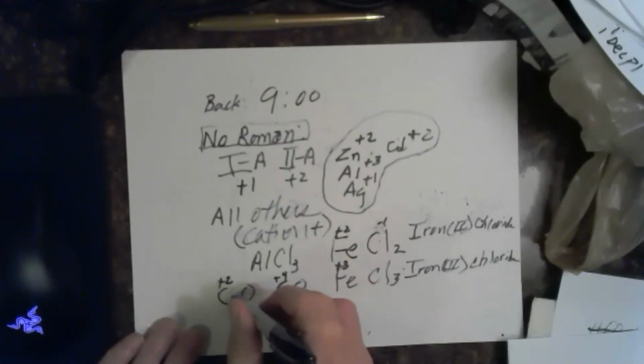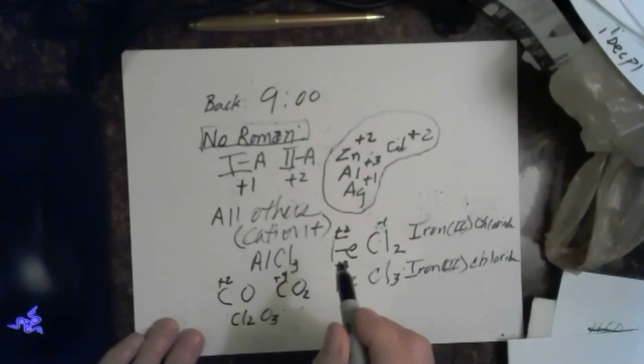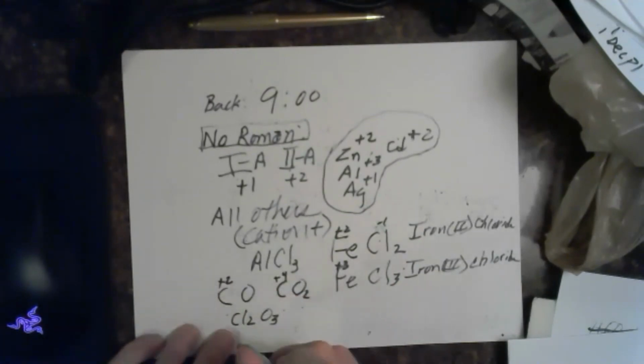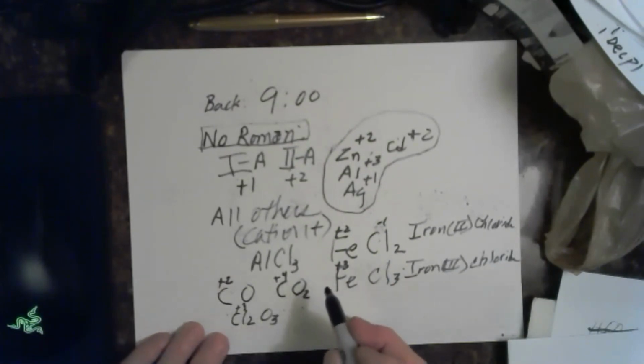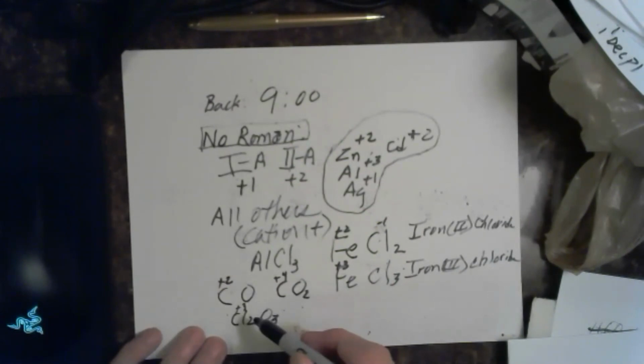You know that's carbon monoxide and carbon dioxide. And similarly, that would make this the +3 form. You could call this chlorine 3 oxide, not chlorine 3 trioxide, chlorine 3 oxide. And that would be okay. But you won't sound quite as weird if you call it dichlorine trioxide.